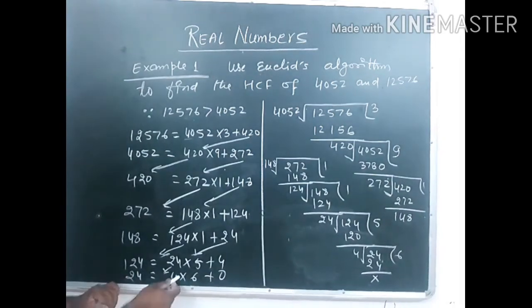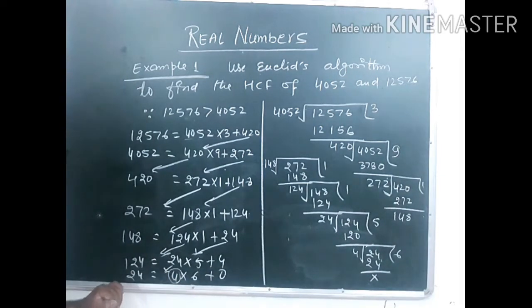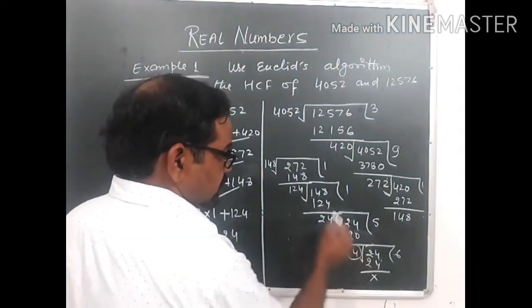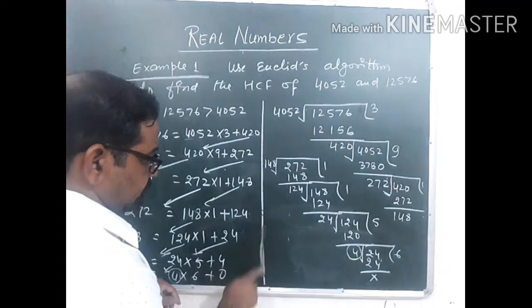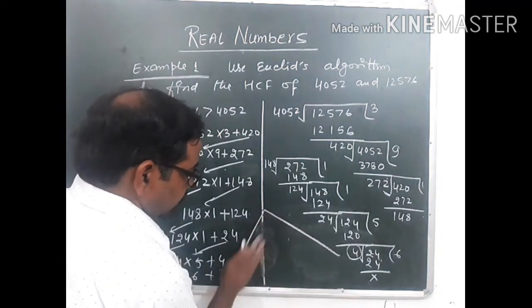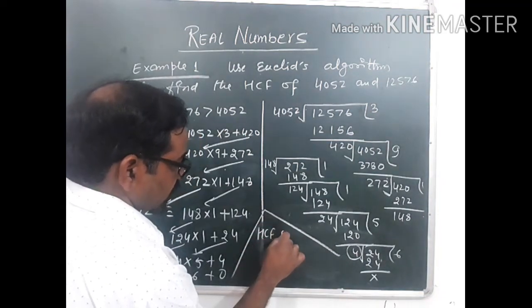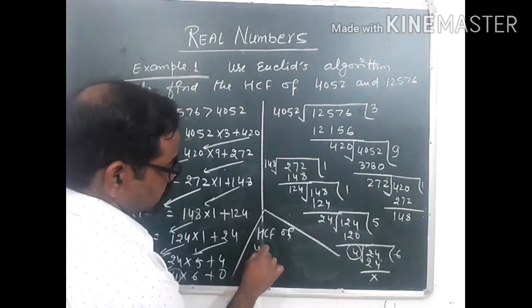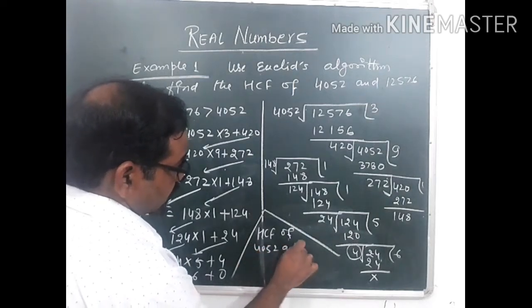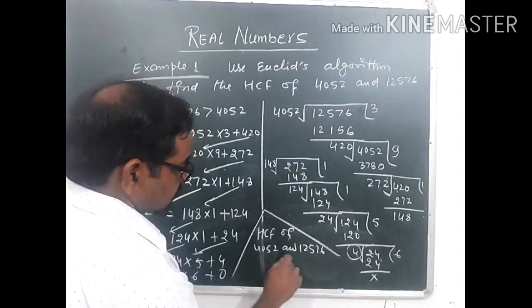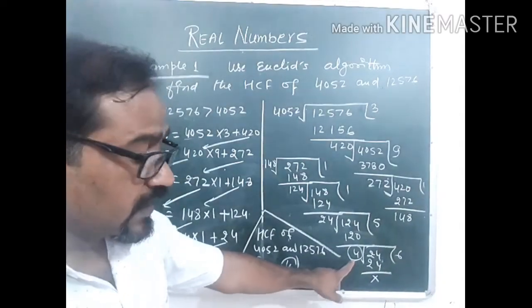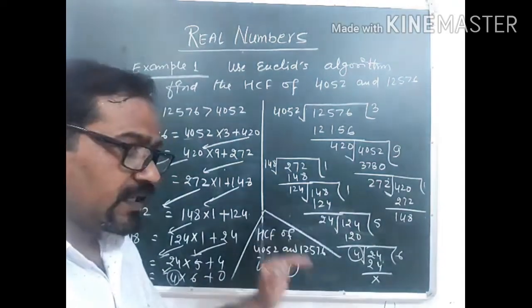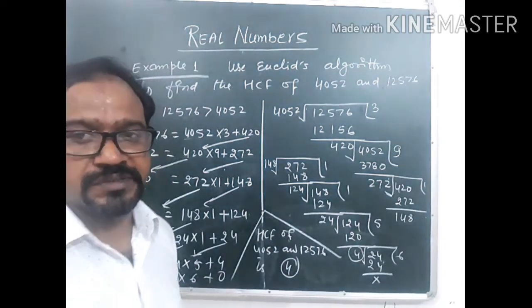So the last divisor is our 4. Therefore the HCF of 4052 and 12576 is 4. That is, the last divisor will be the HCF of these numbers.